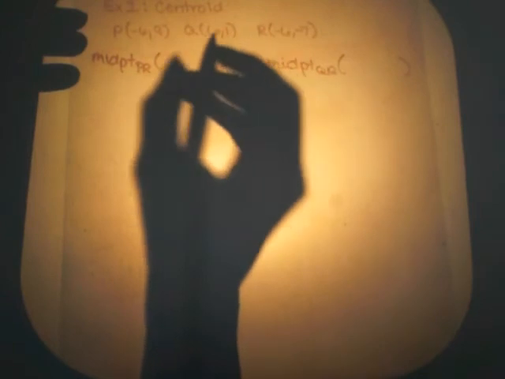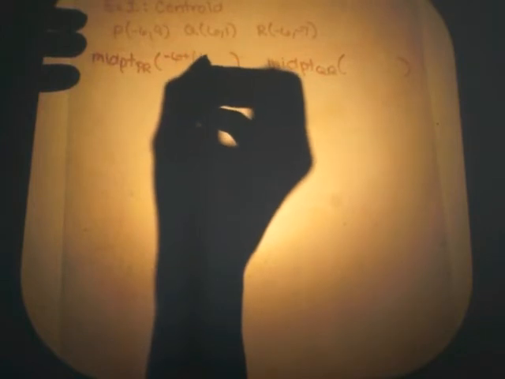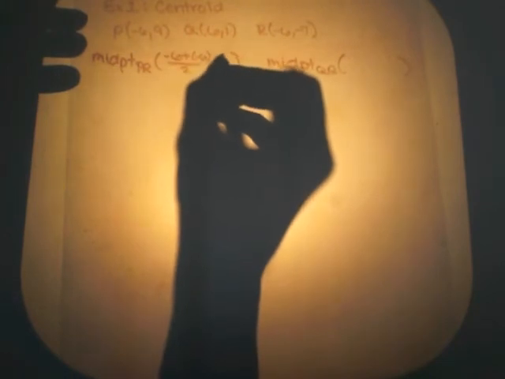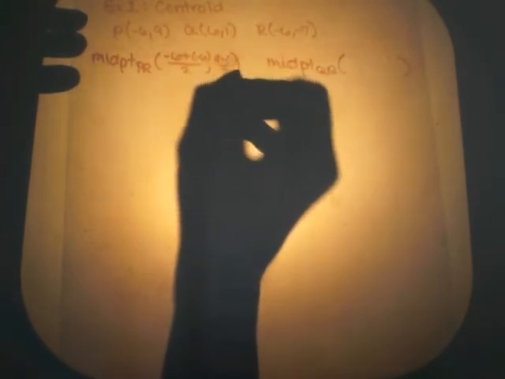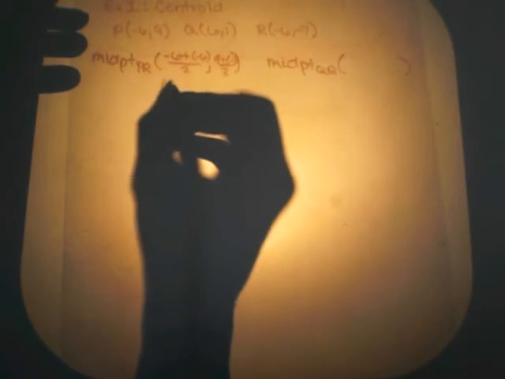So first thing we do is we add our x's for our midpoint. So PR will be -6 plus -6 over 2. And y's would be 9 plus -7 over 2, which will be -12 over 2 and 2 over 2.